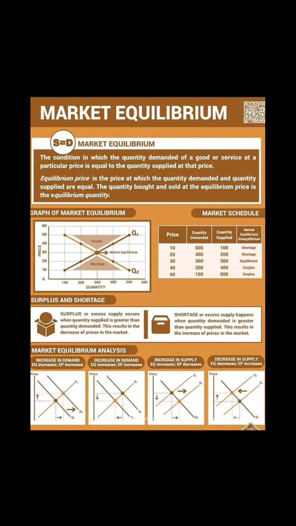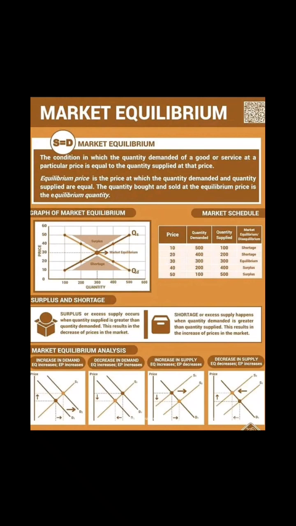That is, the demand curve is shifting inward from D1, and then the supply remains constant.